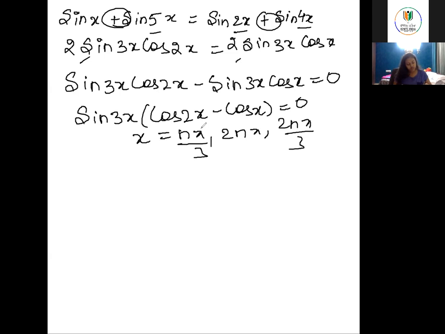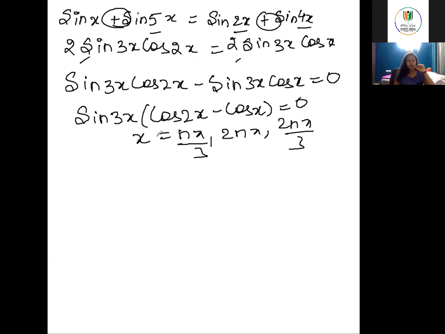So the third type is transforming the sum into product format. Now the fourth type is the opposite of the third type.